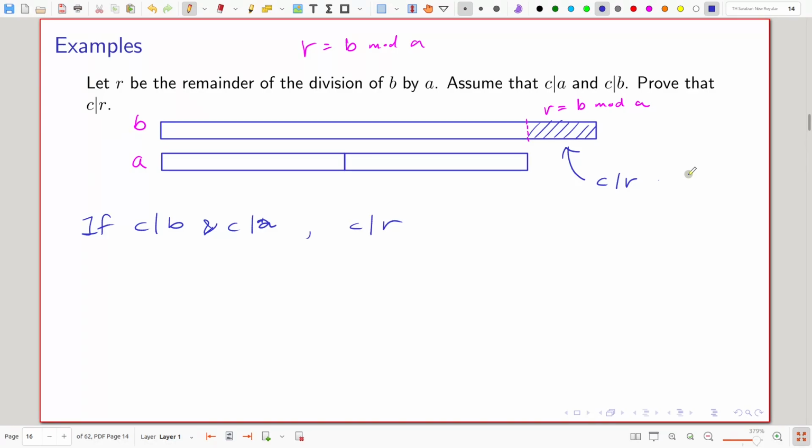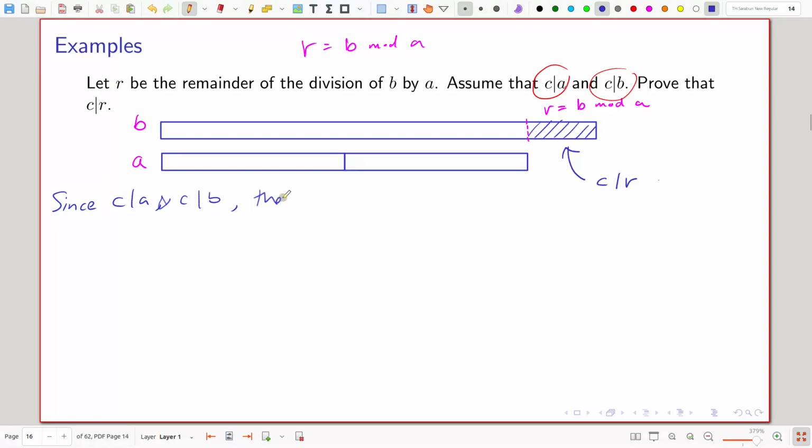So let's get started with these 2 assumptions. So from those 2 assumptions, what do we have? Since C divides A and C divides B, okay, there exist integers K and M such that what?